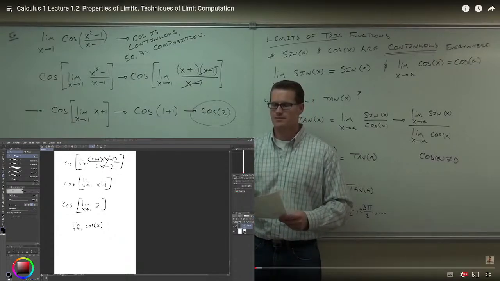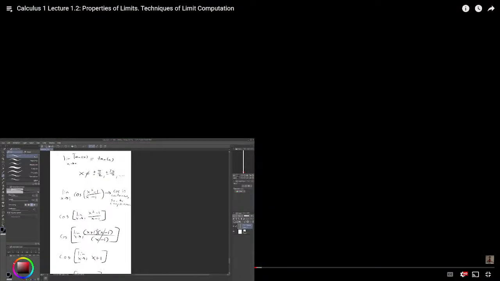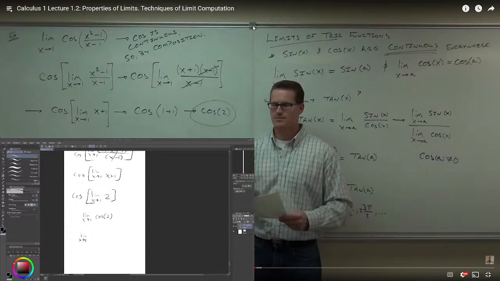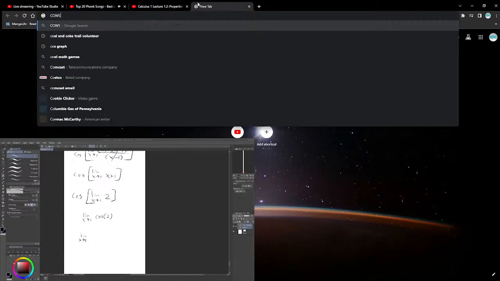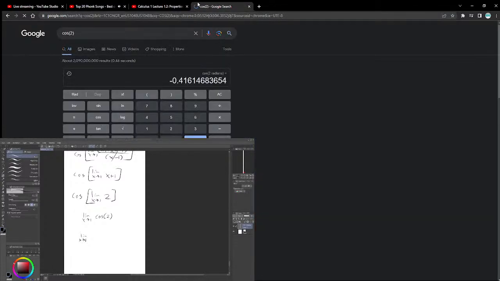I don't get it though, because you can't do cosine of 2. It's like if I plug in cosine of 2. Oh wait, 2 radians. Okay, never mind.